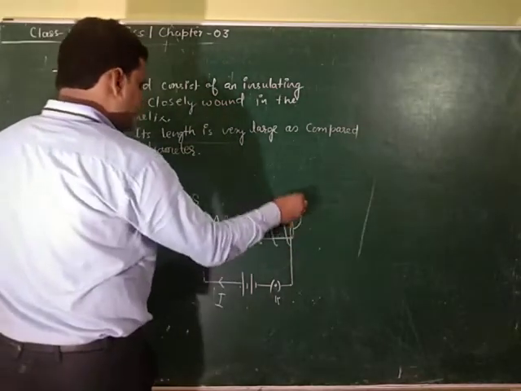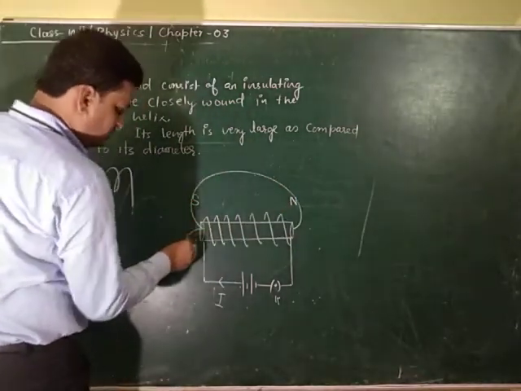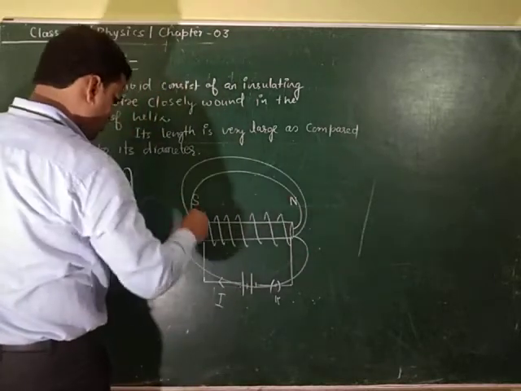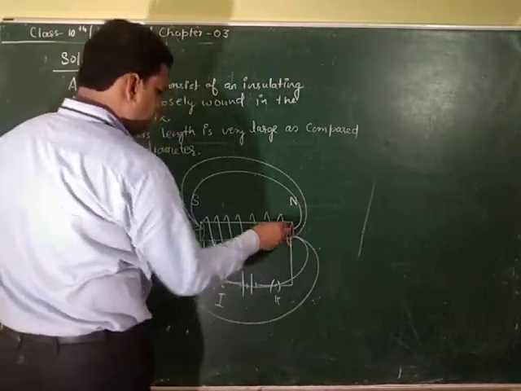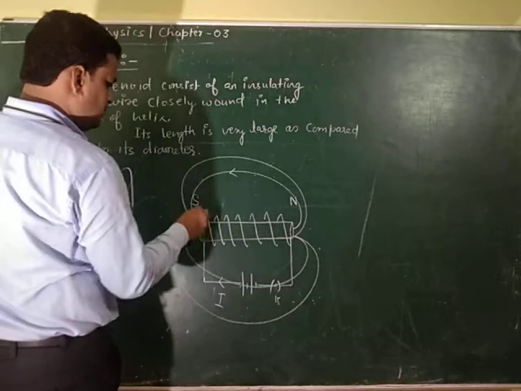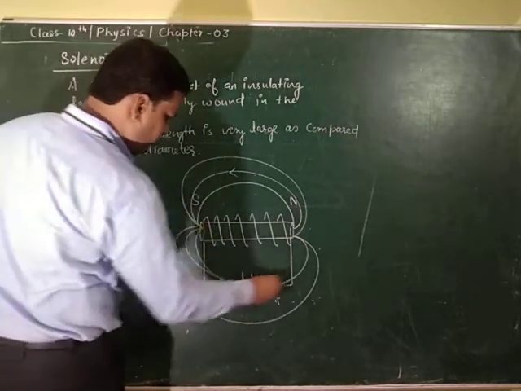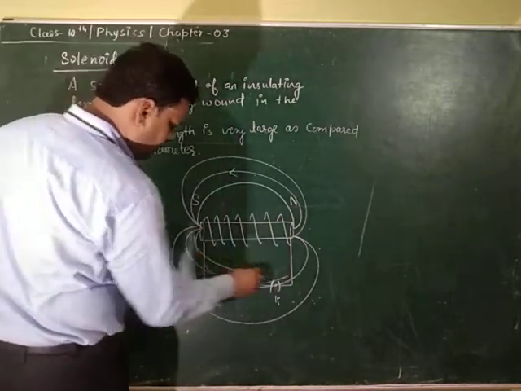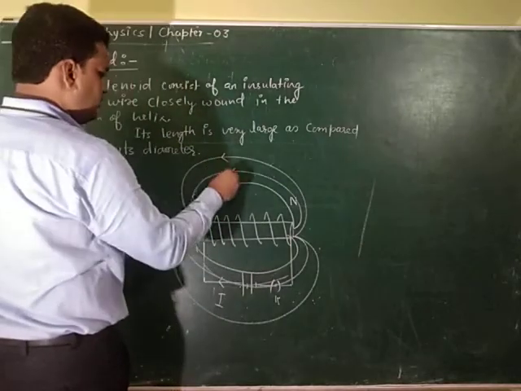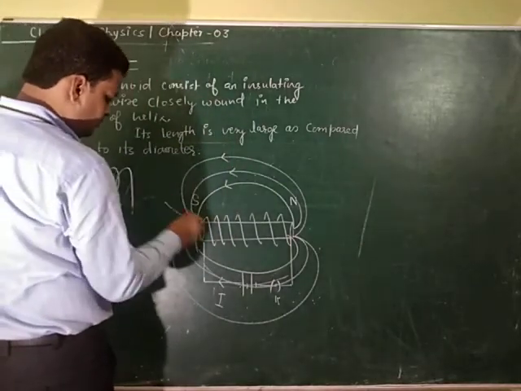So the magnetic field will go from here. This is the direction of the magnetic field, north to south.